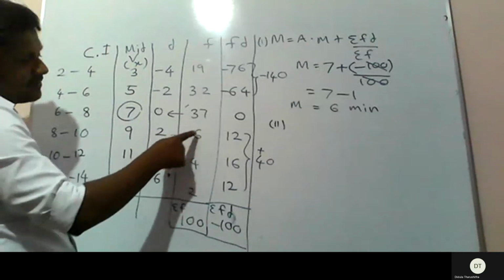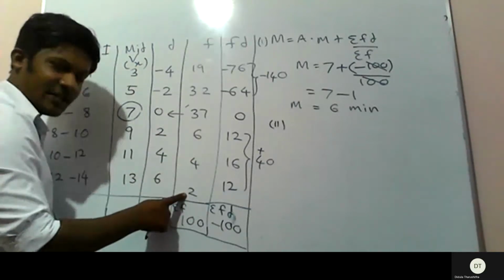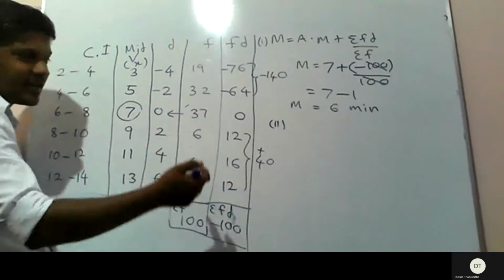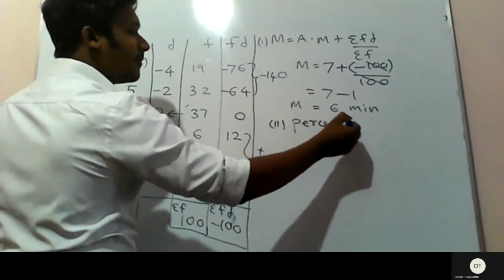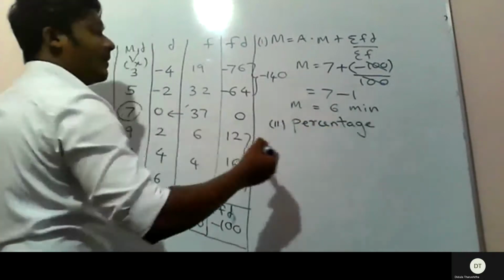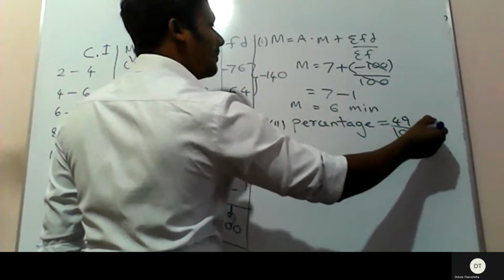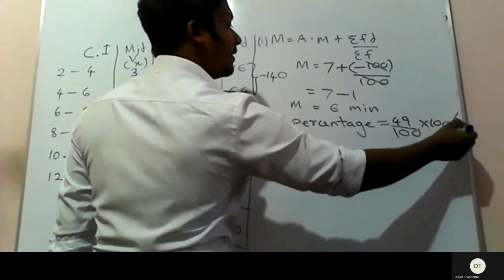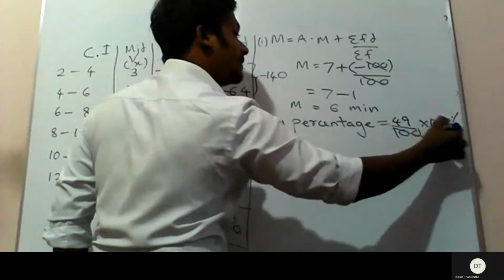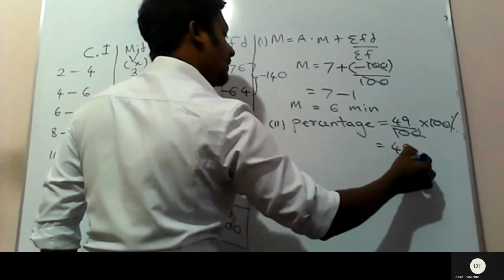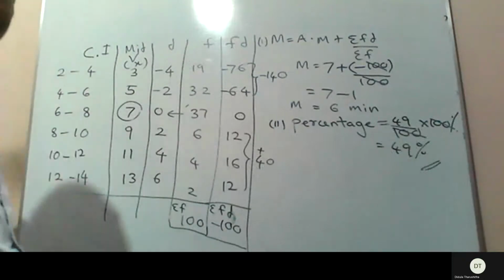Then the percentage is 49 patients out of 100 multiplied by 100%, because the total number of patients is 100. Answer: 49%.